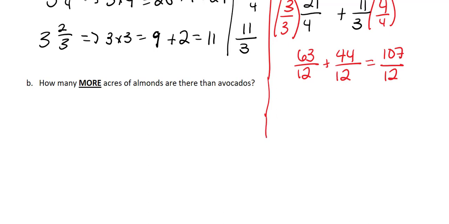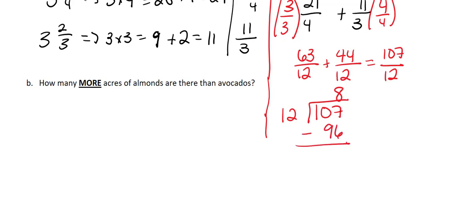So now we're done by adding, but we need to divide. So 12 can't go into 10, but it can go into 107 8 times. We put it over the 7, and then 12 times 8 is 96.